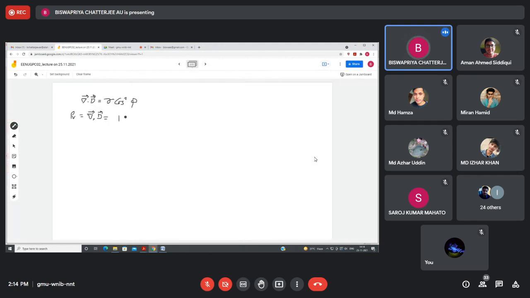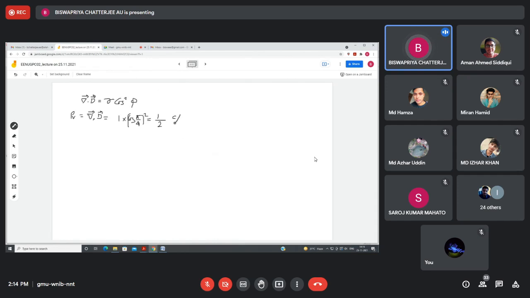So it is 1 into cos square of pi by 4, so it will be half.